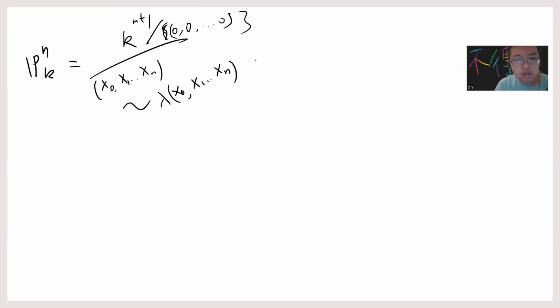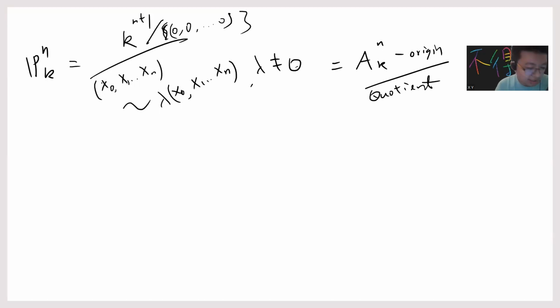Okay, and for lambda non-zero. Obviously, one can view P^n over K as just A^(n+1) over K minus the origin, and do some quotient. Okay, and for x0, let's use a0, a1, up to an is called a point.